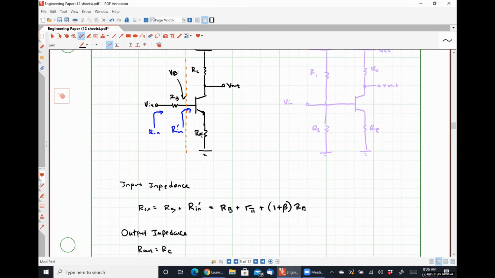The right-hand stage is simply the common emitter amplifier with emitter degeneration that we've already analyzed, and we already know how it works. And then I have this other stage out front that all it's doing is attenuating that voltage Vin, right? By definition, if there is current flowing through that resistor RB, then VB is going to be smaller than Vin. I just need to figure out that relationship.